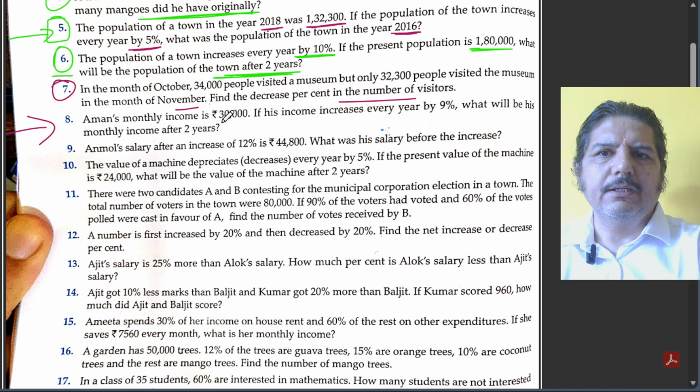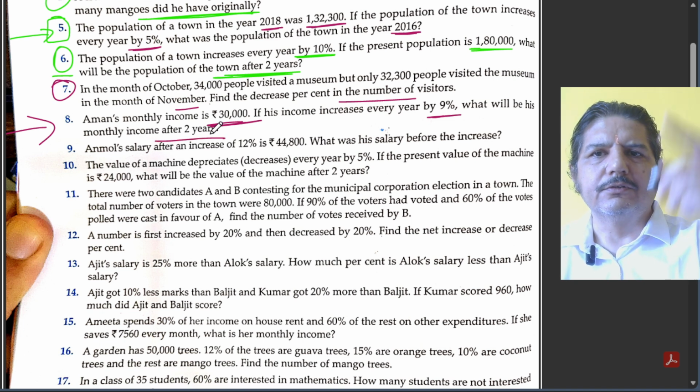Aman's monthly income is 30,000, increasing by 9% every year. What would be the monthly income after 2 years? See, this question number 8 and question number 6 are almost the same.